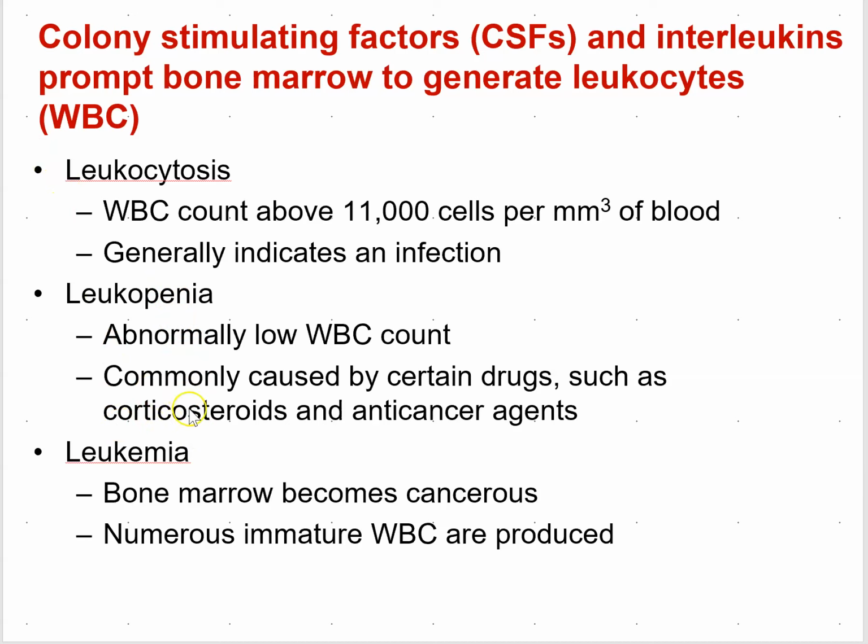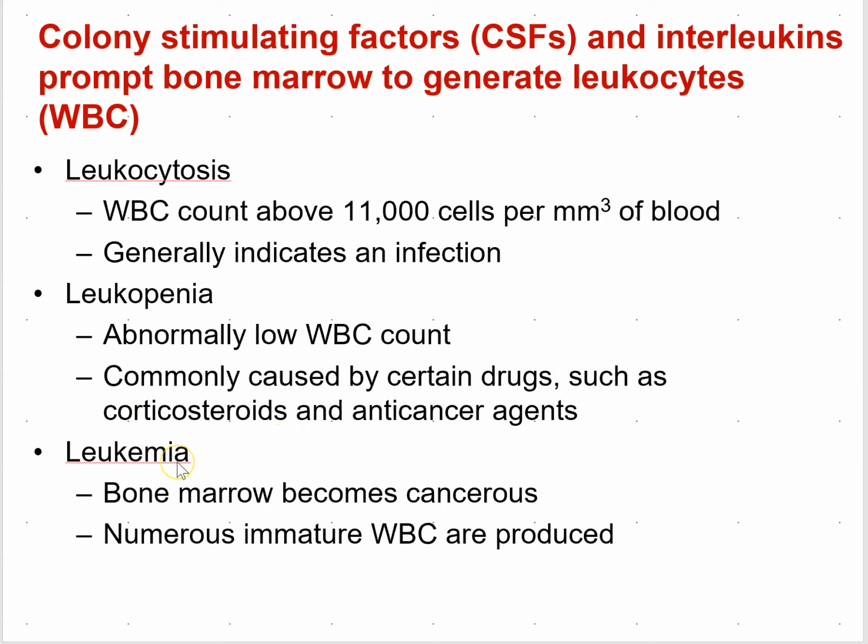Although leukocyte counts are high, the cells themselves are often non-functional. So a person with leukocytosis is capable of producing an excessive amount of white blood cells at the time of infection, but they generally are non-functional, which leaves the person at really high risk for diseases.